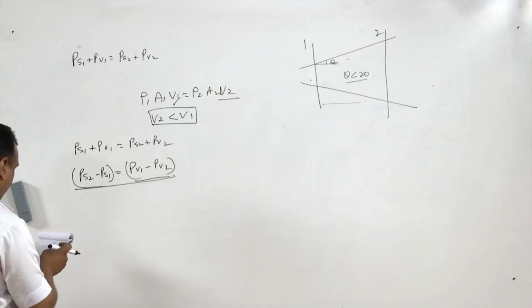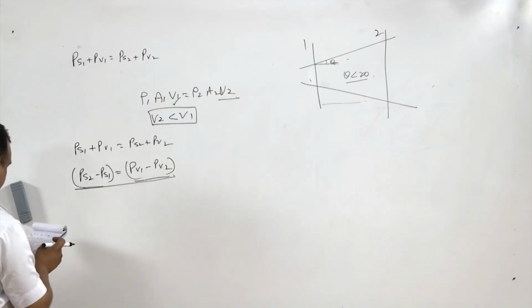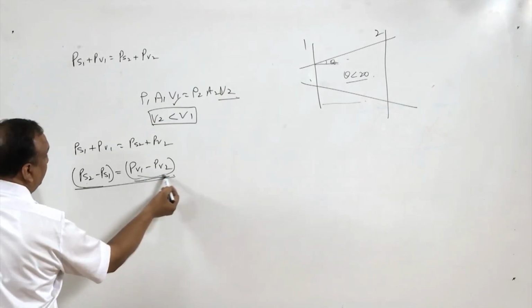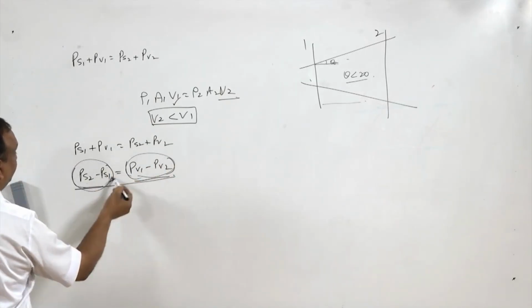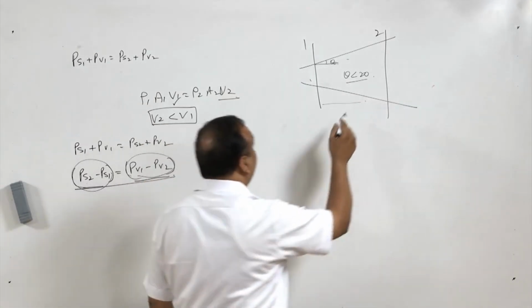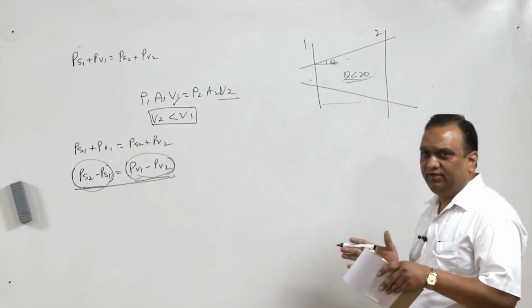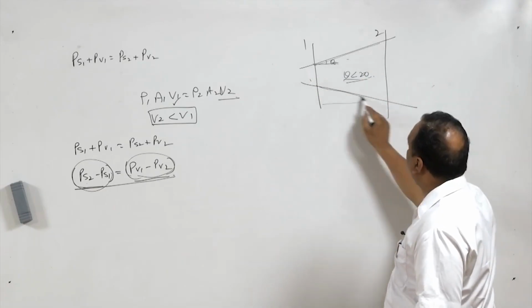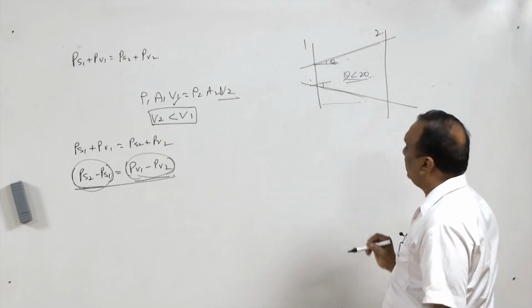Whatever drop there is in dynamic head comes as gain in static head, but that is the case when the semi vertex angle of the diverging section is less than 20 degrees.